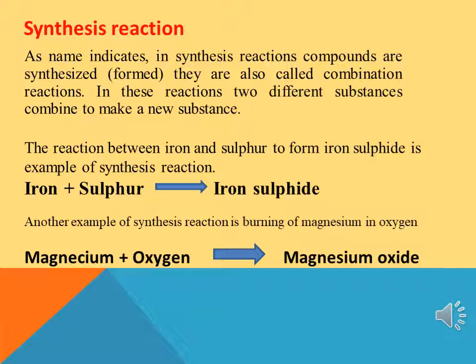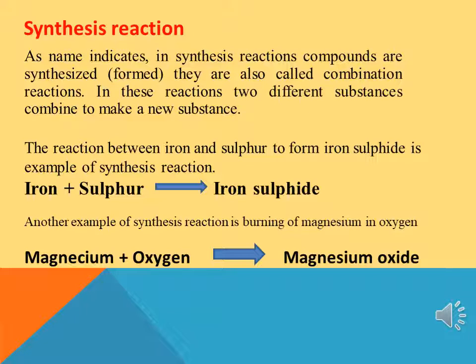First is synthesis reaction. As the name indicates, in synthesis reactions compounds are synthesized, formed. They are also called combination reactions. In these reactions 2 different substances combine to make a new substance.